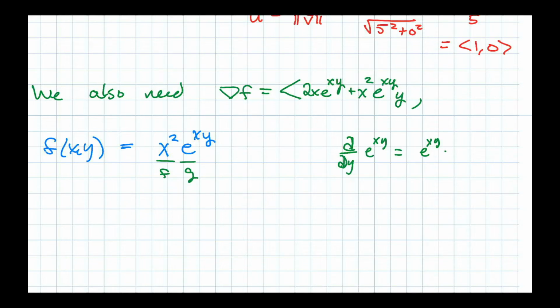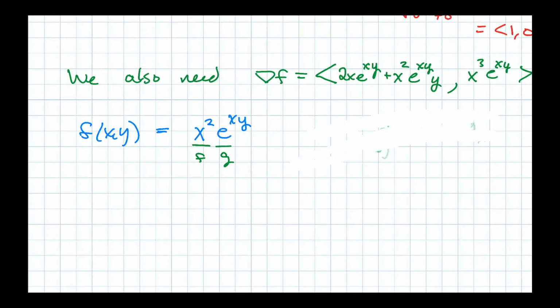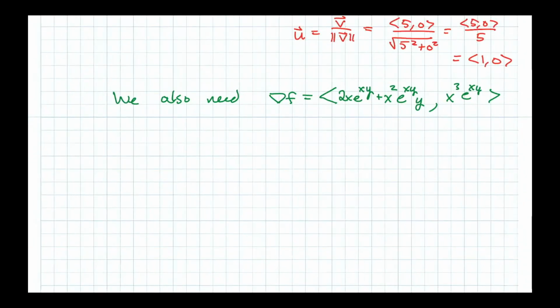But the derivative of xy with respect to y is going to be x. So you're going to have that x combined with those, and it's going to be x cubed e to the xy. And there's your derivative with respect to y. Okay, so we've got our gradient.